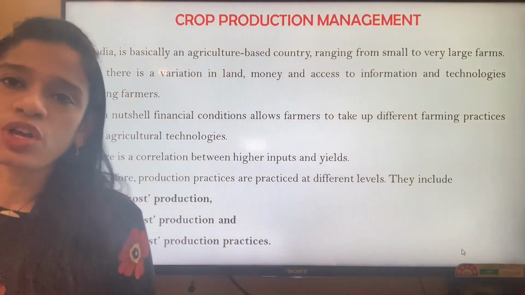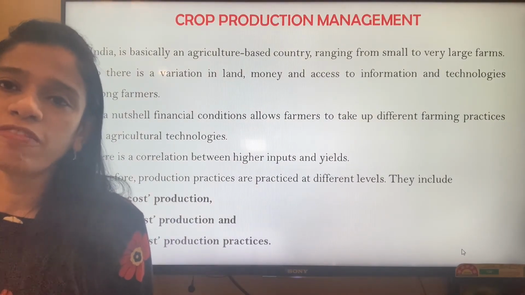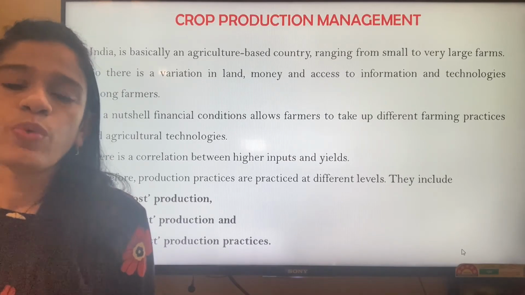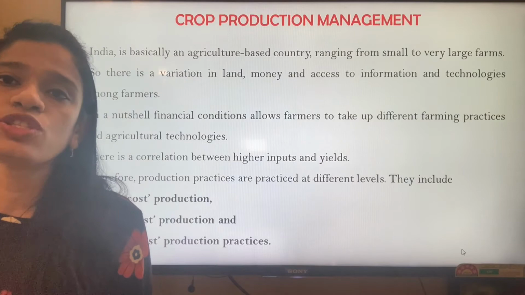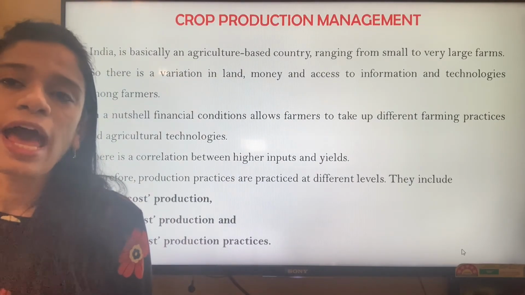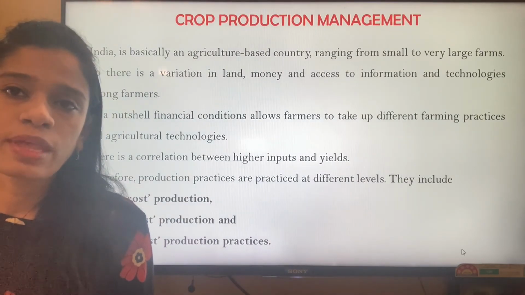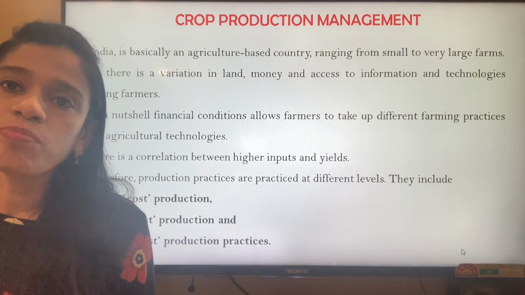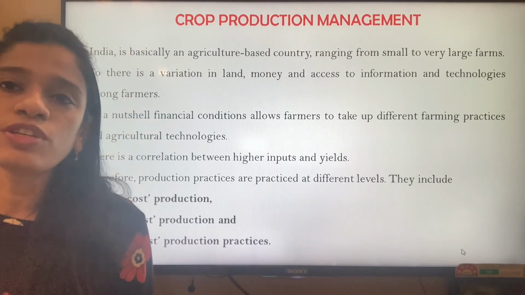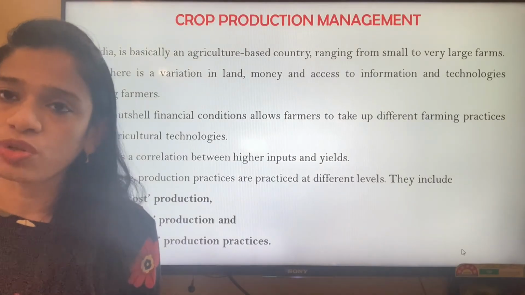For low cost or no cost production, we can understand it is done at a minimal level with a minimal amount of money involved, with no modern facilities, no particular improved tools or machines, and also no improved varieties or seeds. It is done at a very minimal expenditure, and even the turnover or the yield that we get out of it is very minimal.